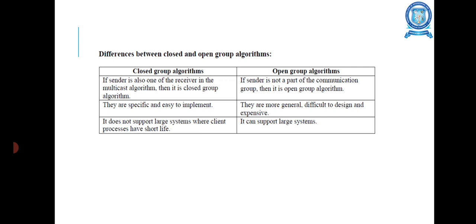Closed group algorithms are specific and easy to implement. Compared with closed group, open group algorithms are more general, difficult to design and expensive. The closed group algorithm does not support large systems where client processes have short life. Open group algorithms can support large systems.